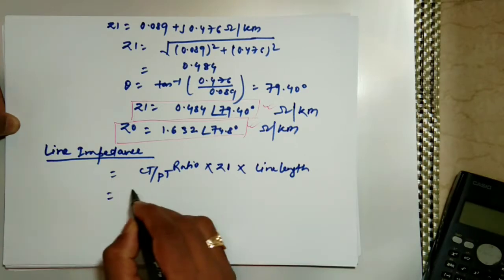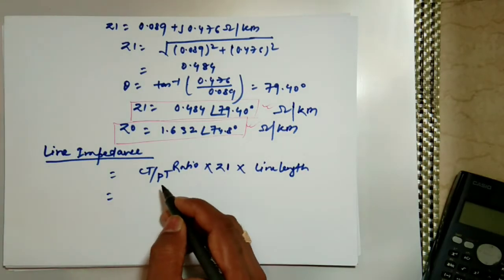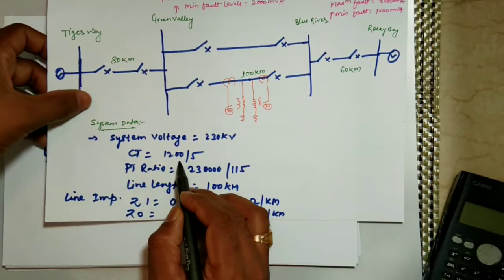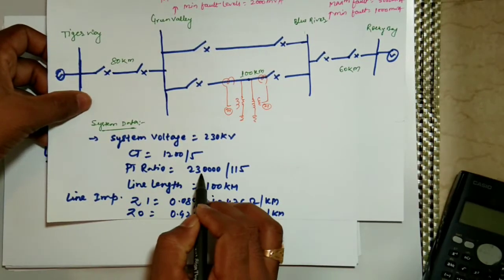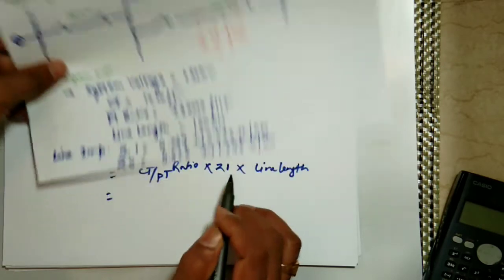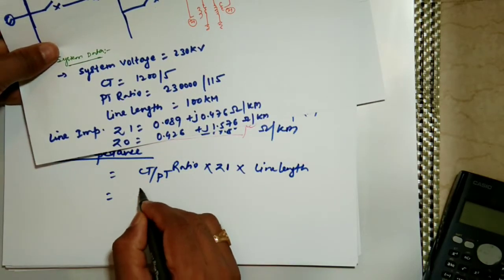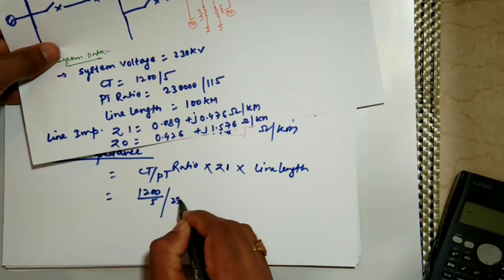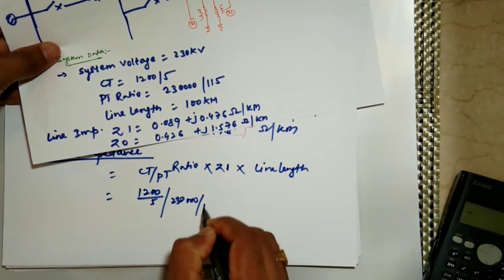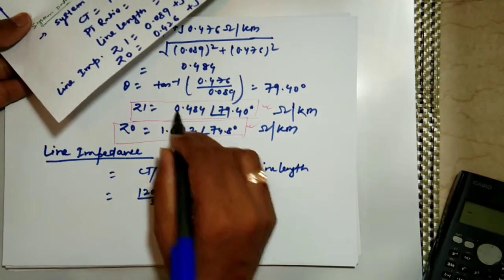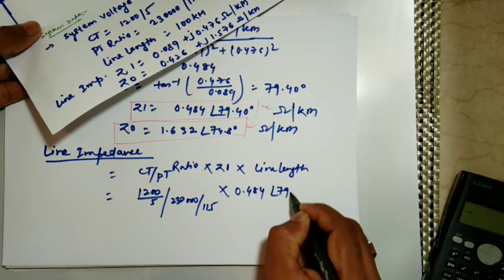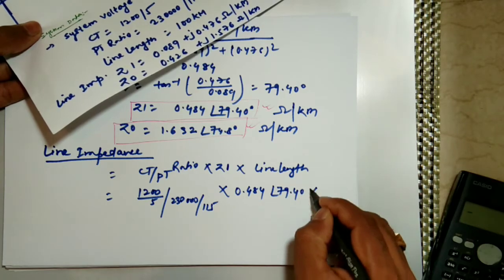So what will be the CT by PT ratio? In the data, our CT ratio is 1200 by 5 and PT ratio is 230 kV by 115. So CT by PT ratio will be 1200 by 5 and 230 kV by 115, into our Z1 value 0.484 angle 79.4 degrees, into line length.